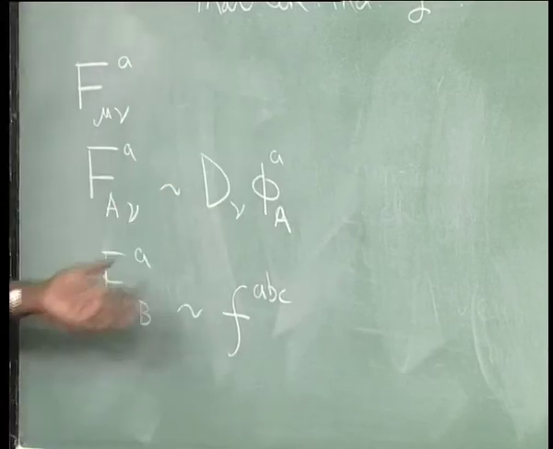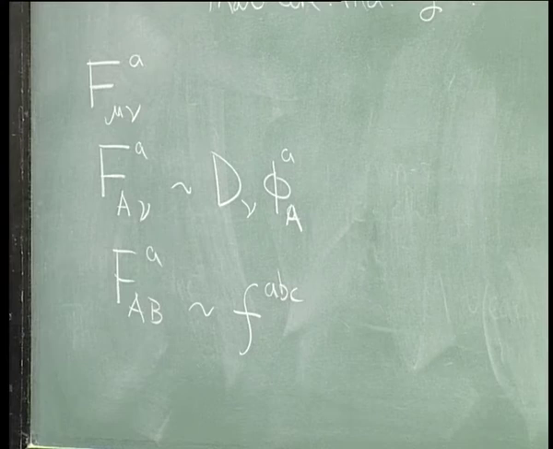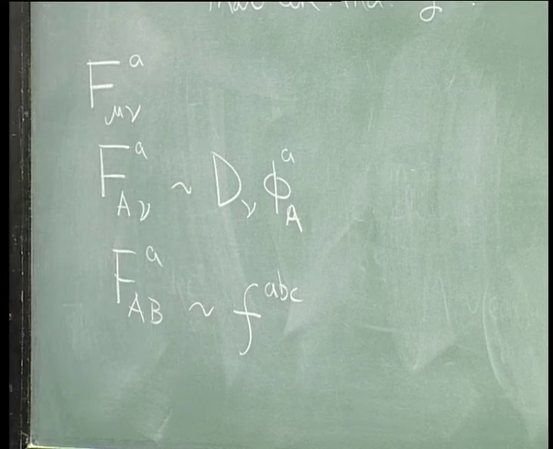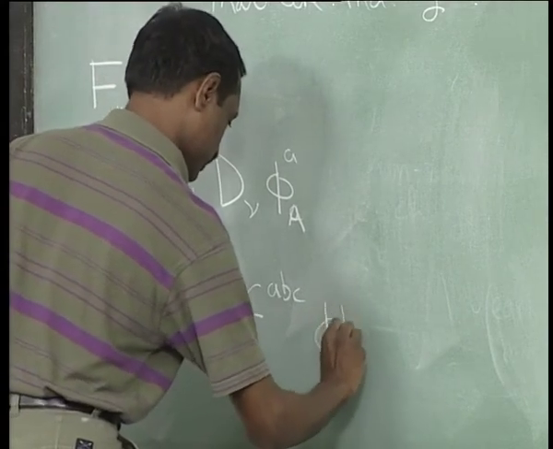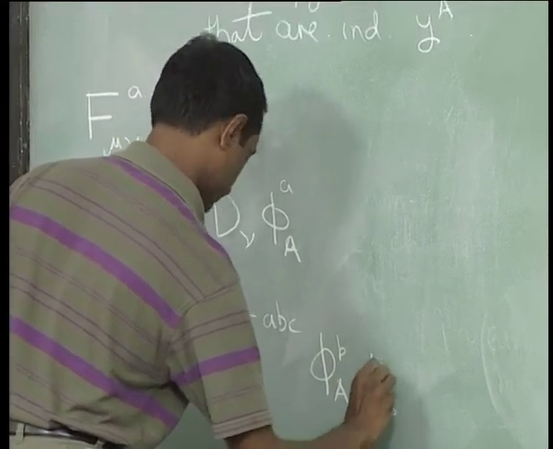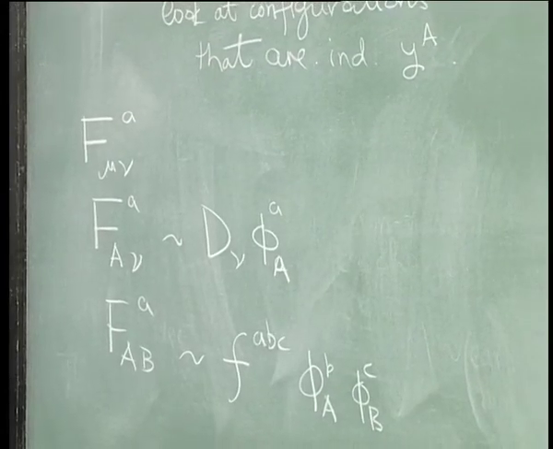So you can see, I am not even specifying the gauge group, I am just taking some field strength for some non abelian gauge field. So I have f a b c times phi phi. Okay. So they come with a potential.